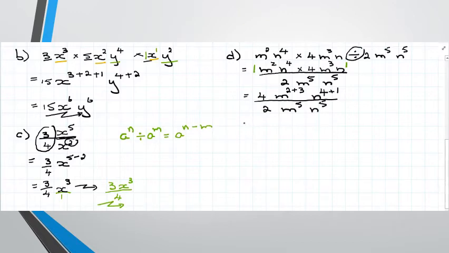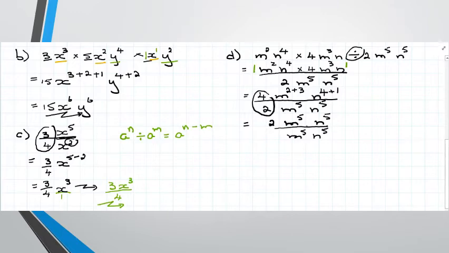Then I'm going to start saying yes, that 4 divided by 2 is going to be 2. Then on top, numerator, m, 2 plus 3 is going to give me 5, n, 1 plus 1 is going to give me 2. Divide all that then by m to the 5 multiply n to the 5.